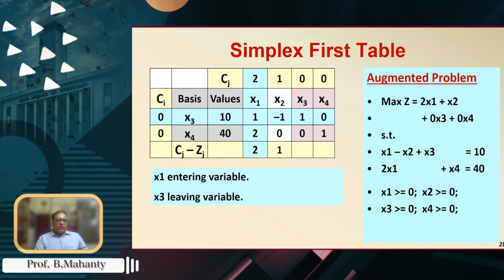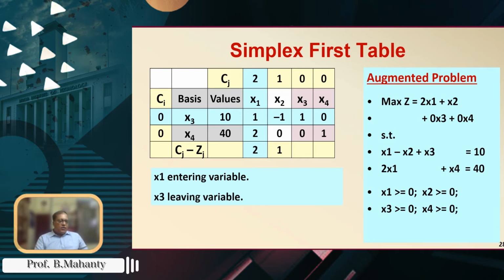Since x3 and x4 are in the basis, their profit coefficients are written once again, that is 0 and 0. Since the Ci's are 0, the initial Zj is also 0, so Cj minus Zj, that is the net profit to bring 1 unit of x1 into the basis, would be 2 minus 0 equal to 2, and for x2, 1 minus 0 equal to 1.